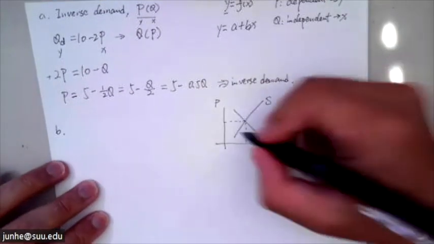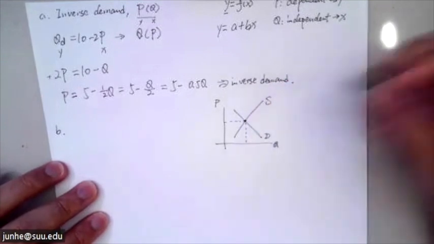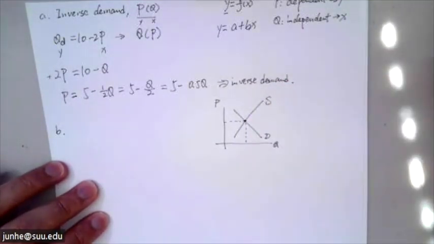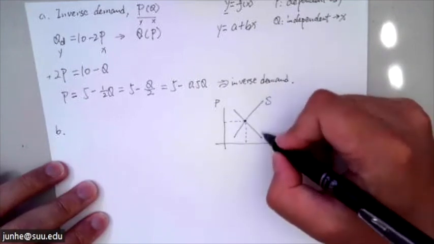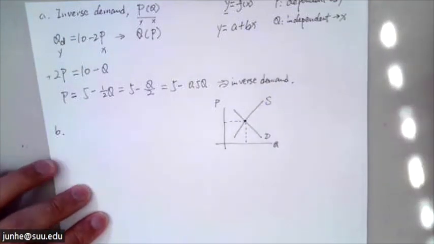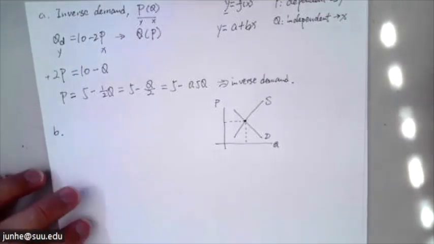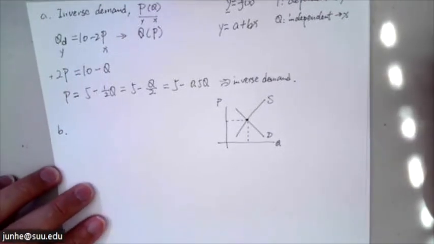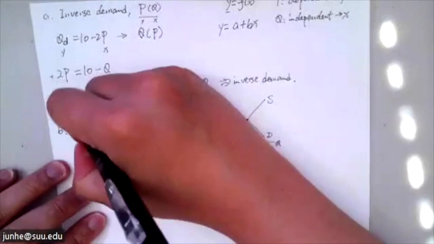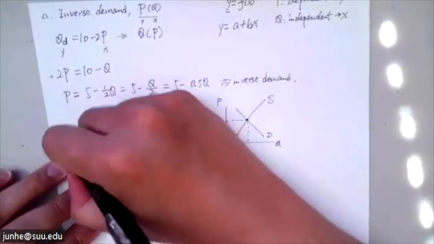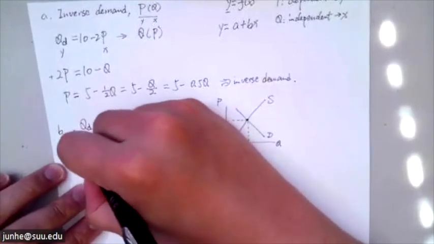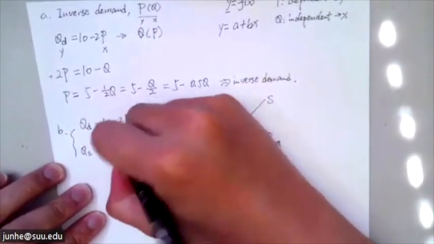That is to say this point, which is the equilibrium, the intersection point, simultaneously fits the demand line and the supply line. So what we need to do is to solve for the P and Q that fit these two at the same time.